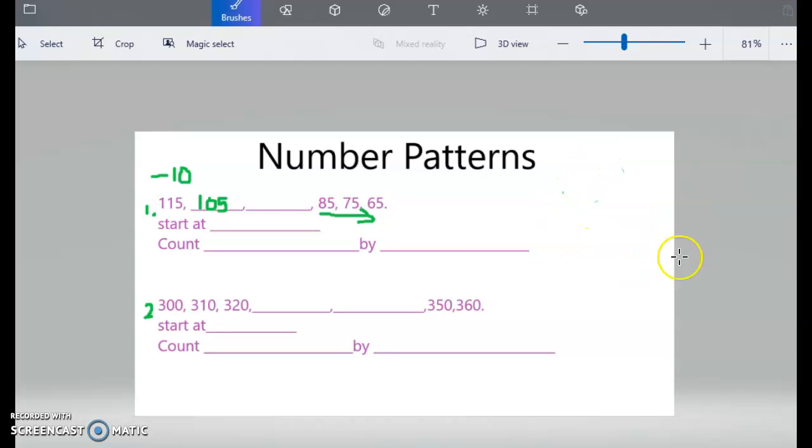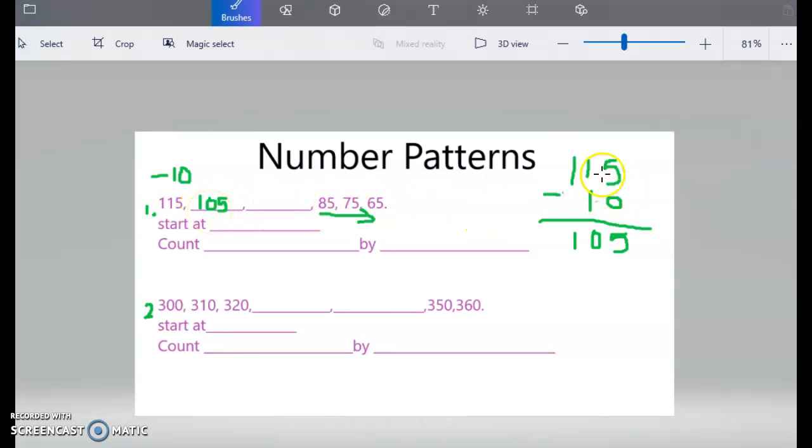Let me write that really quickly for the people who need to see that. So I could have written 115, take away 10 to find my answer. So 5 take away 0 is 5. Numbers the same, 0 is the same, and I bring down that 1. So my answer would be 105.